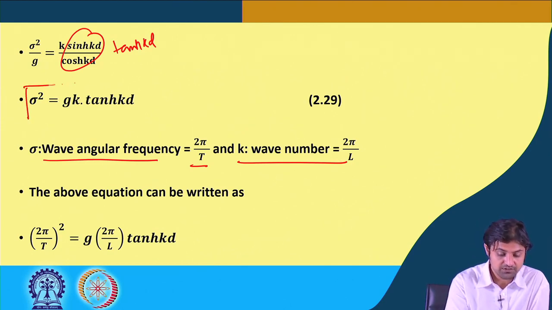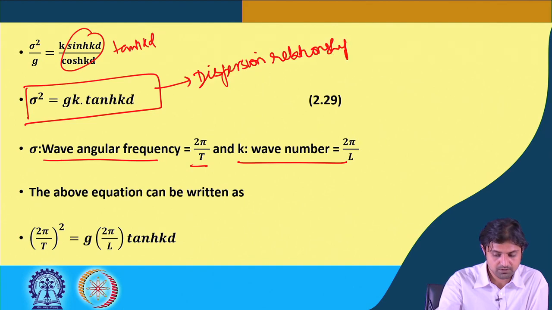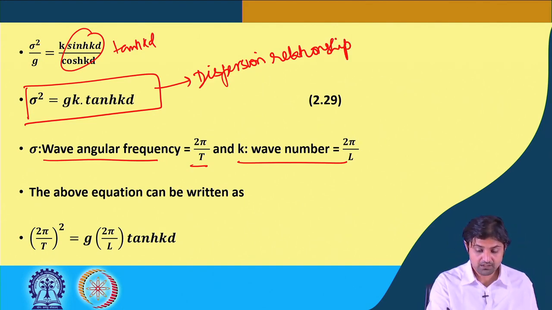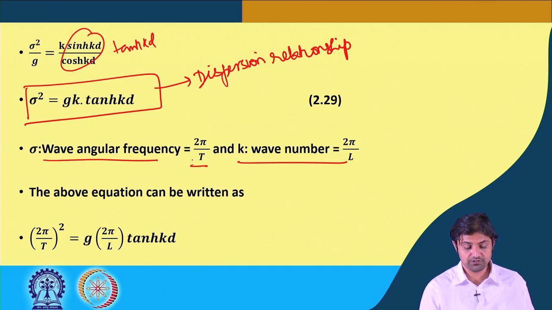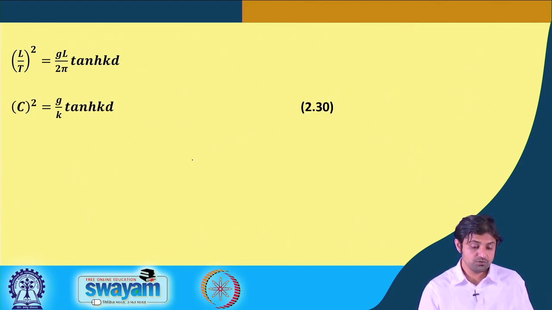So, actually this is the famous dispersion relationship. Substituting sigma and k in terms of T and L, we get (L by T) whole square is equal to g L by 2 pi into tan h k d, or c square is equal to g by k tan h k d.